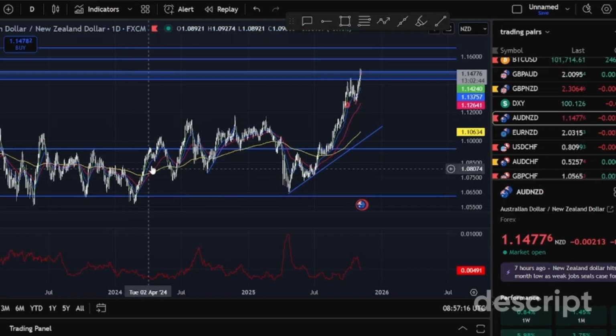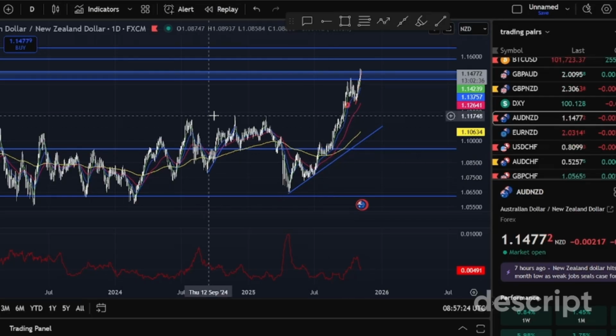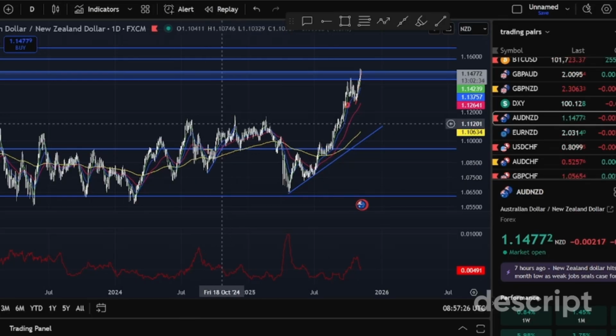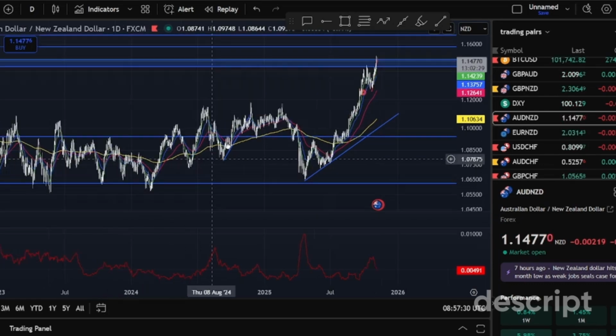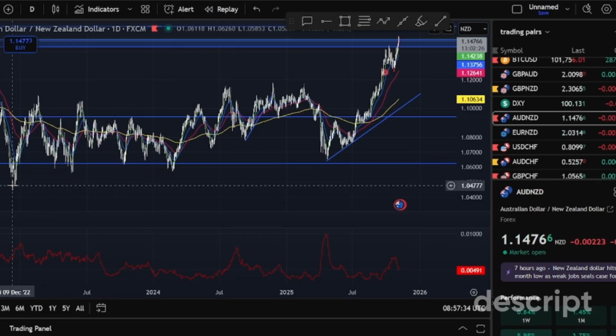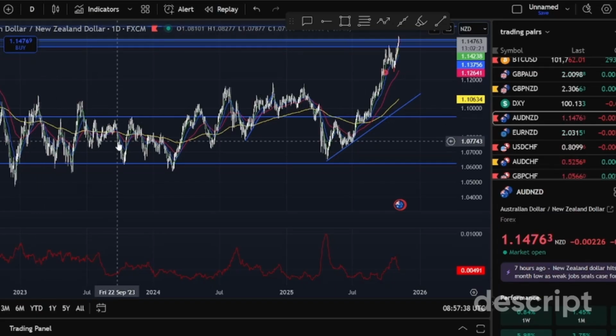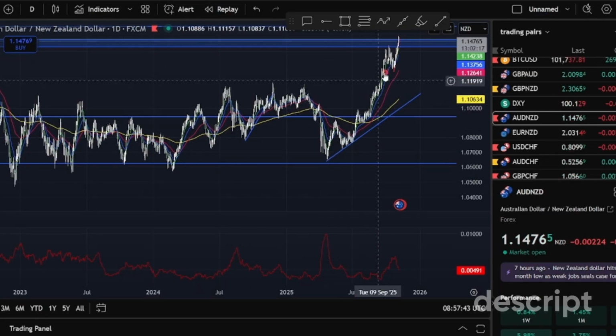It's trending up. If you look at this, we've got high, high, low, high, low. We also broke this previous high, which was actually weak anyway because it never failed to break this low. If you look at this trend here, it's got high, high, low, high, high, low, high.